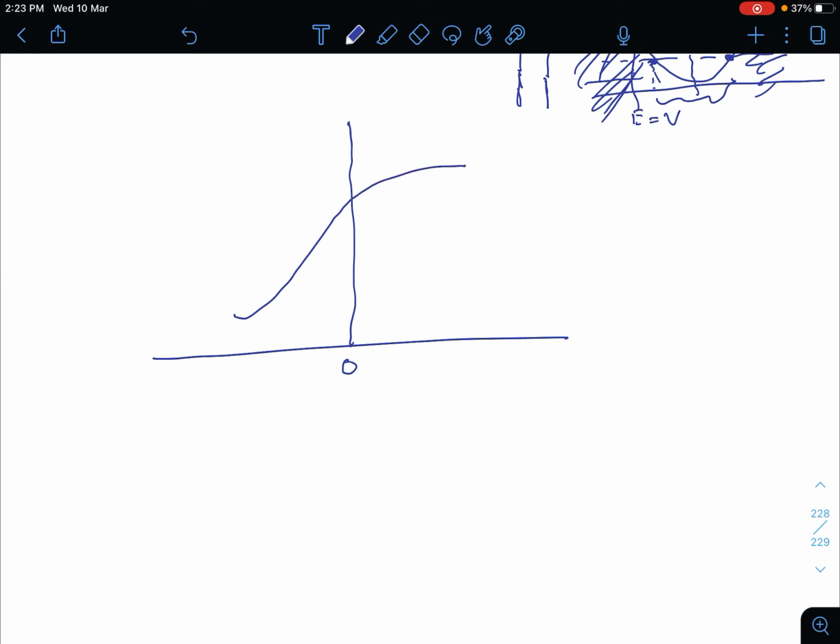Let us assume that this is how it goes, so this is the V of x. Now this is the point of energy. This is our E. Now here this is the non-classical region and here it is the classical region.